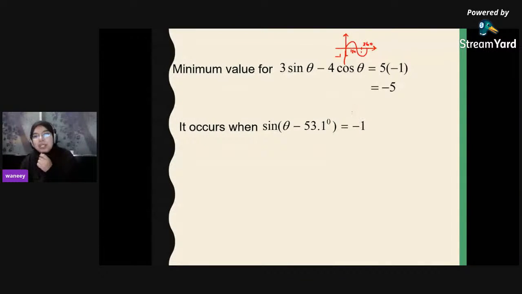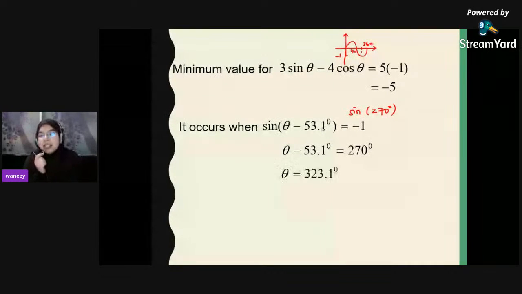So negative 1 is actually sine of 270 degrees. So we got sine on the left, sine on the right. So we can compare the angle. So theta minus 53.1 is actually 270. So it simply means that the value of theta is 323.1 degrees.